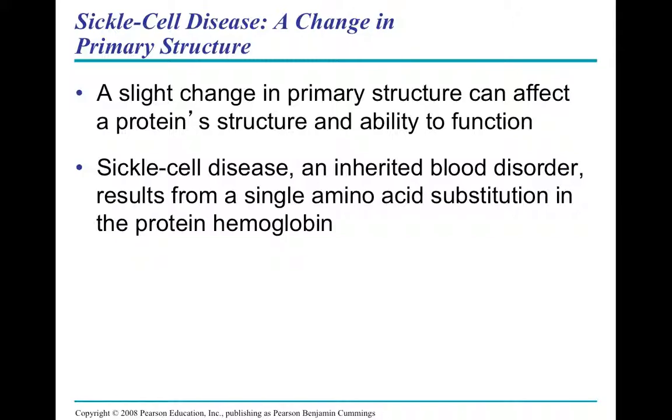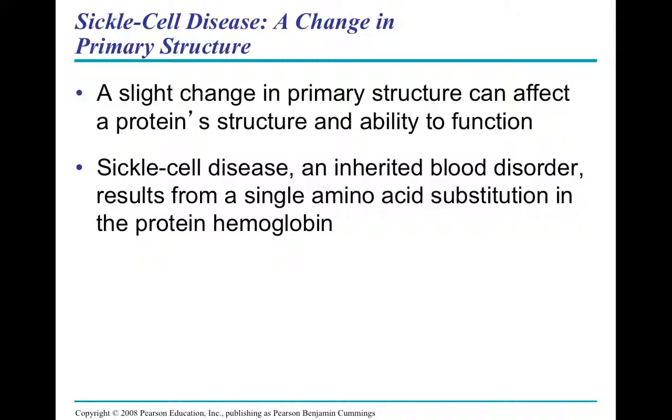Okay, so just a little practical application. You probably have heard of sickle cell anemia or sickle cell disease, and this results from a change in the primary structure of a protein, which is what? The sequence of individual amino acids. Right.